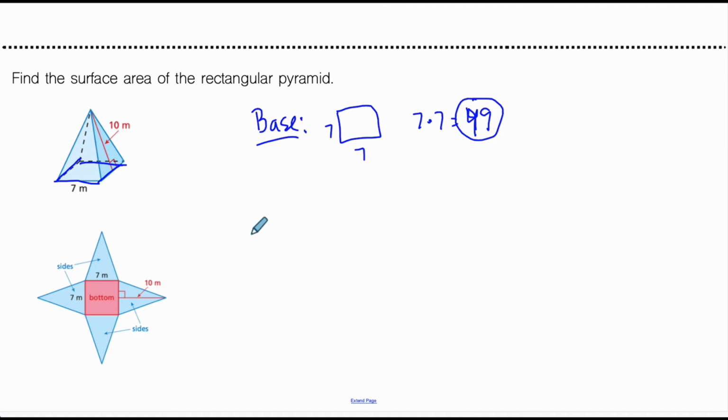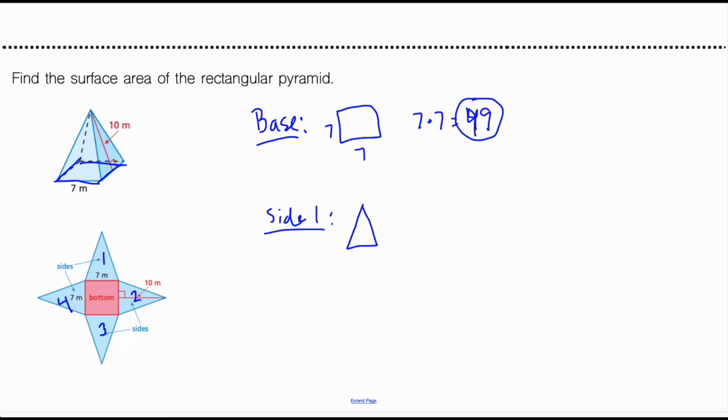Next, I have to find the 4 sides. So side 1, side 2, side 3, and side 4. They're all triangles, and let's just get their dimensions down. Let me clean this up a little bit. There we go.